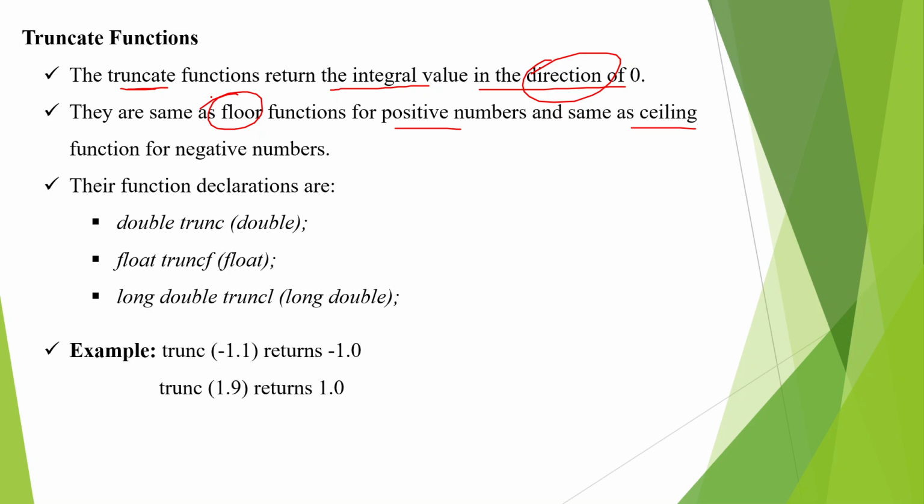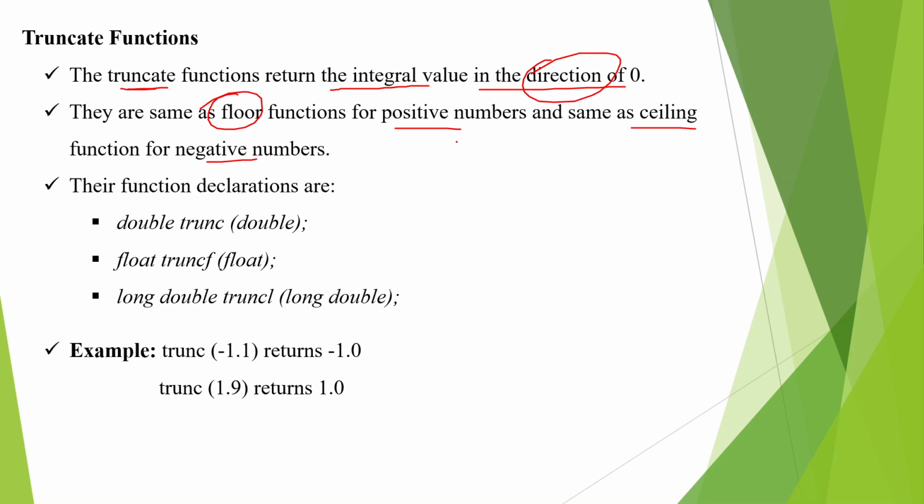Sorry, in the direction of the left hand, so floor function. For negative numbers we have to move in the direction of the right hand, so ceiling function. So this truncate function is equivalent to ceiling for negative numbers, and equivalent to floor for positive numbers. Hope you understood. Always remember we will move in the direction of 0.